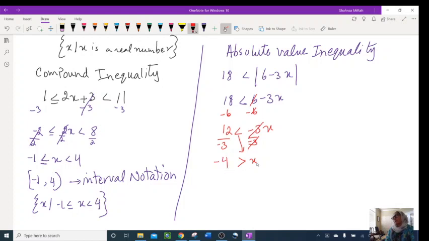Now, since I like my variables, x's, y's, whatever, on the left side, I'm going to switch this. Do you see this x has a corner towards it? I'm going to make sure that corner is towards x and -4. So that's that answer.